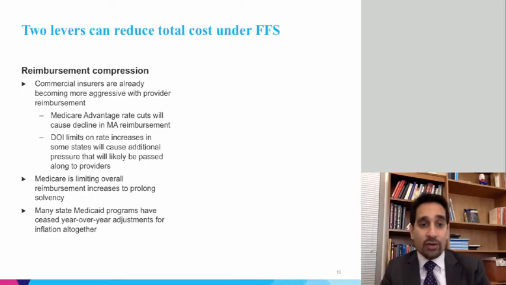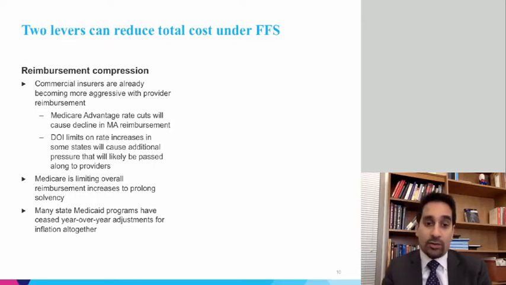Commercial insurers are already becoming more aggressive with provider reimbursement. They've had additional Medicare Advantage rate cuts, which have caused a decline in their Medicare Advantage reimbursement, and various departments of insurance are limiting rate increases in commercial products, which further compresses the reimbursement.